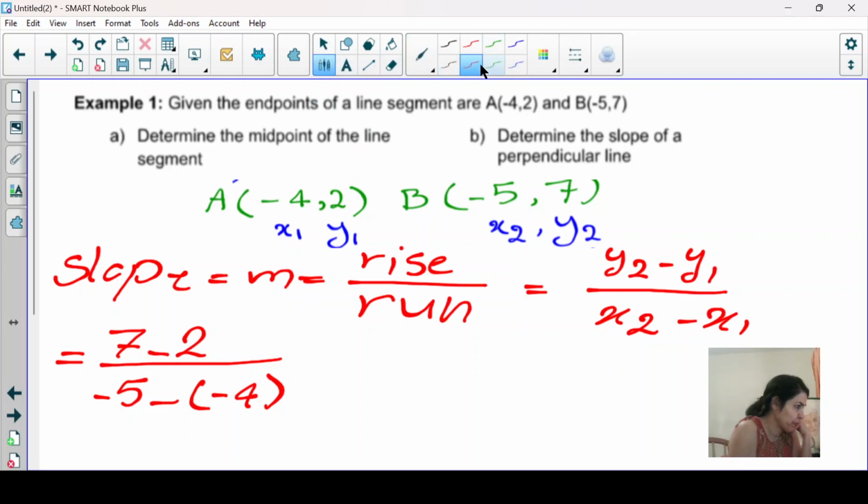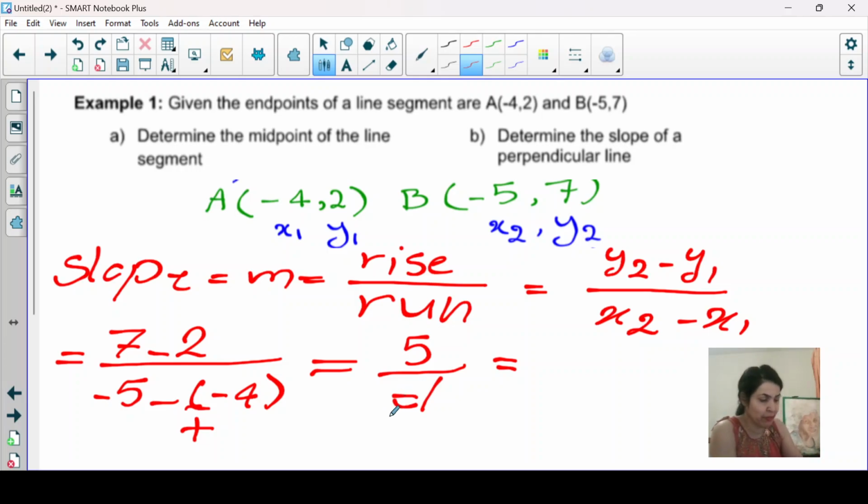This is equal to 7 minus 2 is 5, divided by negative 5 plus 4, since minus times minus is plus, which is negative 1.